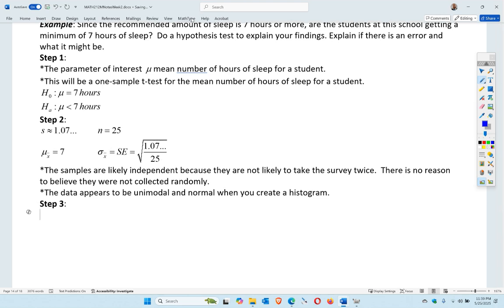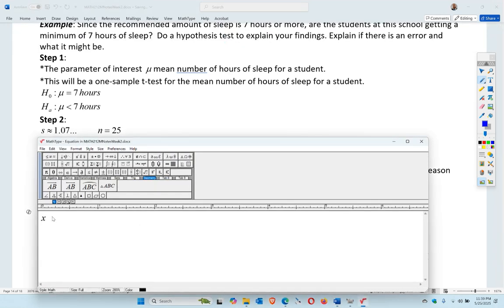Okay, so the mean for the sample that we calculated was 6.64, right? So t sub 24 is, you go back and do the formula on the other page, the mean minus the mean over the standard error, right?